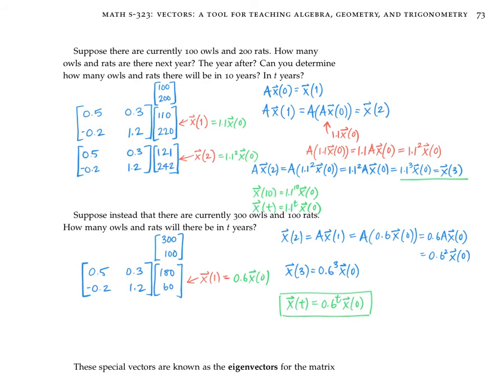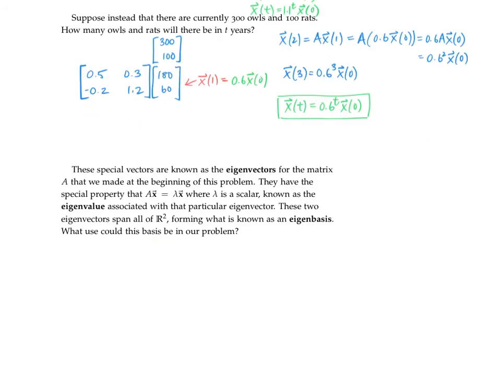So let's talk about what it is about these vectors that is so unique and why they're important to this particular problem. These special vectors are known as eigenvectors for the matrix A that we made at the beginning of this problem, and they have this special property that when A acts on these eigenvectors, the result is a scalar multiple of the original vector. So our two eigenvectors were 100, 200, and 300, 100.